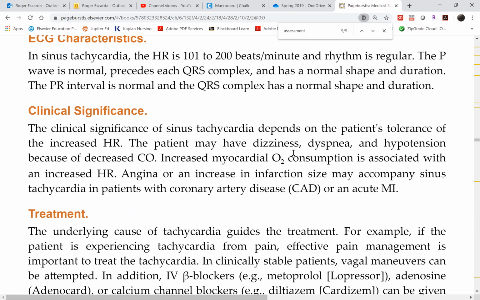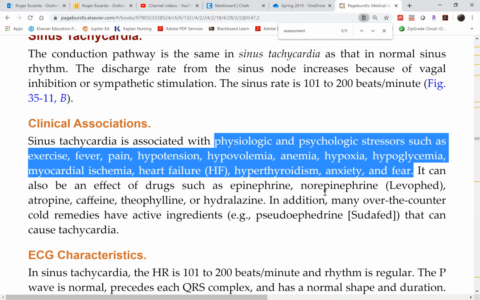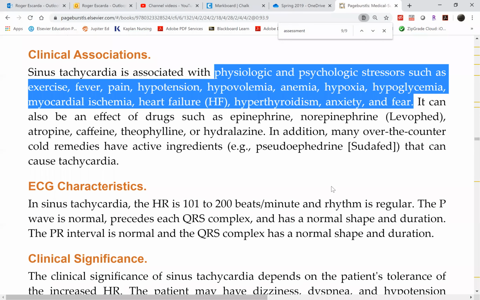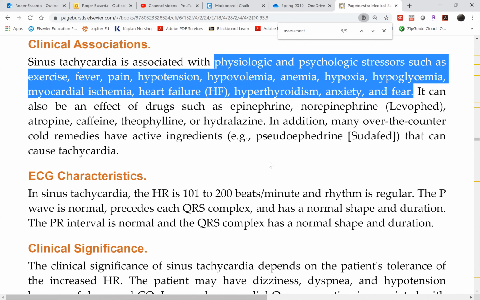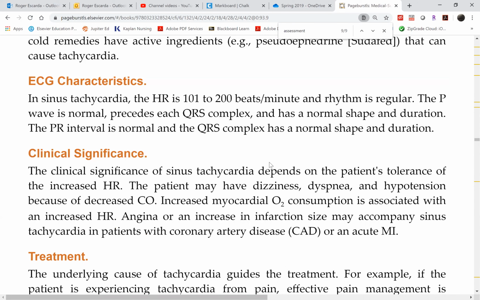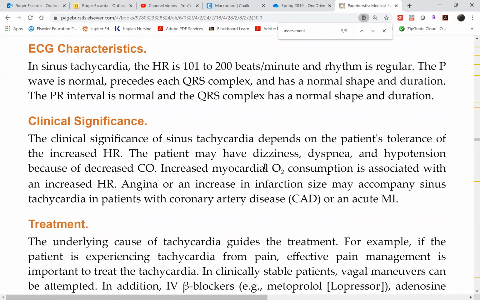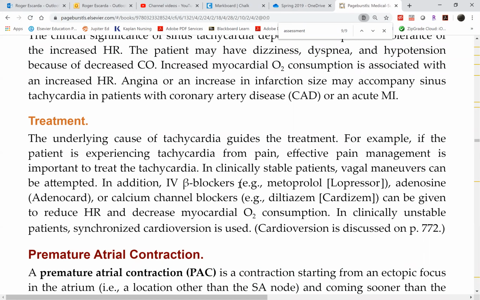So if it's any of these, then you treat the underlying cause if you can identify it. If you can rule out these possible causes and they're still tachycardic, then you consider medications to drop the heart rate. That's using beta blockers. Adenosine is reserved only for SVT, or calcium channel blockers, same effect as beta blockers.